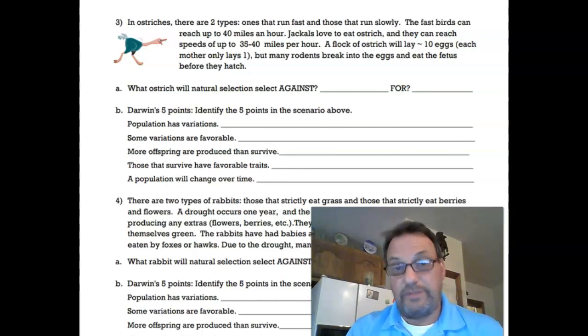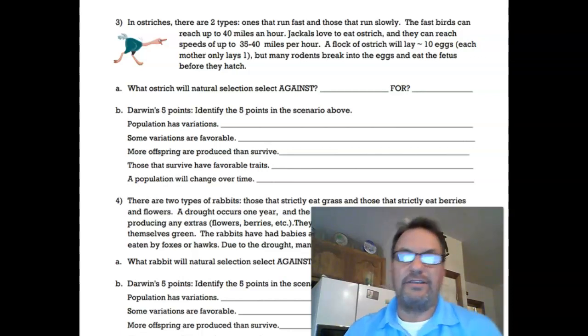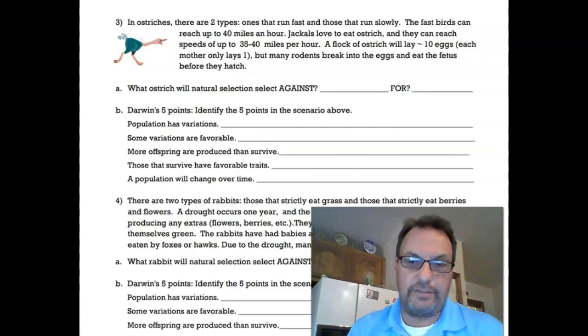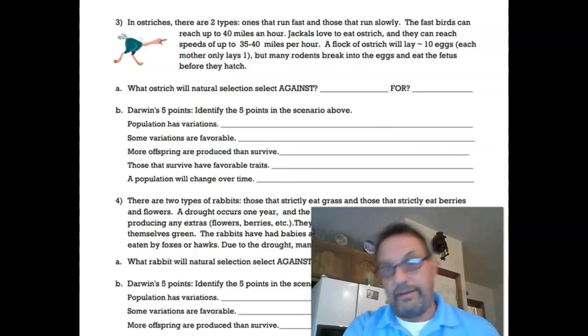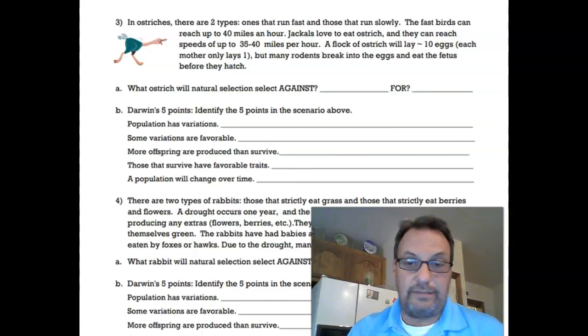More offspring are produced than survive. We understand that a lot less will survive out of this because the rodents are going in and eating those eggs and the fetus before they hatch. So this one doesn't necessarily have a particular number. Some of you might have put 10 and 1, but the best way to answer this would be to say that they lay around 10, but definitely less than 10 are surviving.